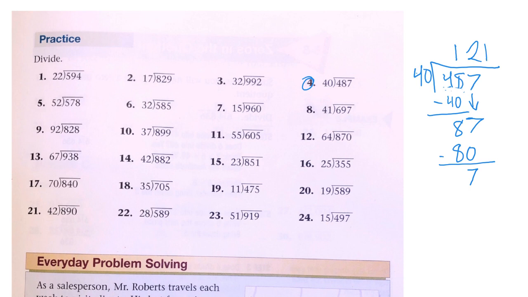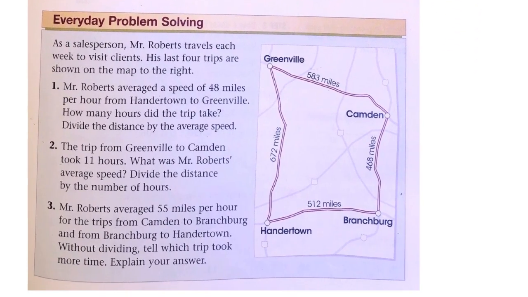So we have a remainder. 12 remainder 7. So you can pause the video if you'd like to practice more of these two-digit numbers going into three-digit numbers. We can take a look at some everyday problem solving as well.